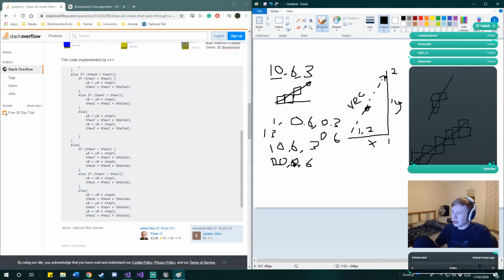From that, we can determine that the line from this point is closer to this axis than it is that axis.